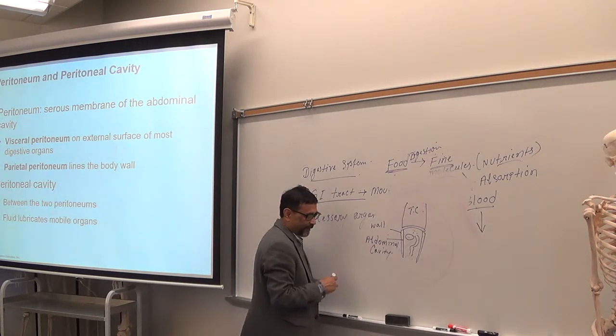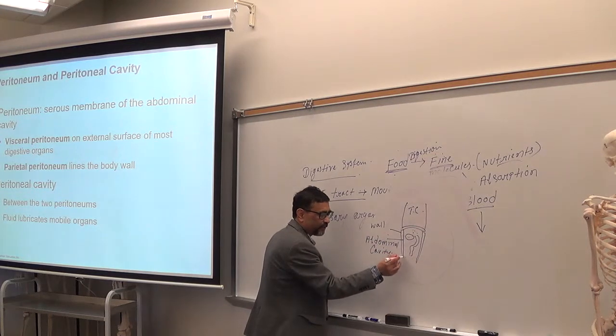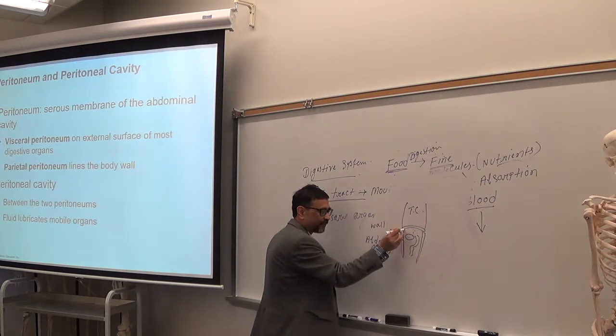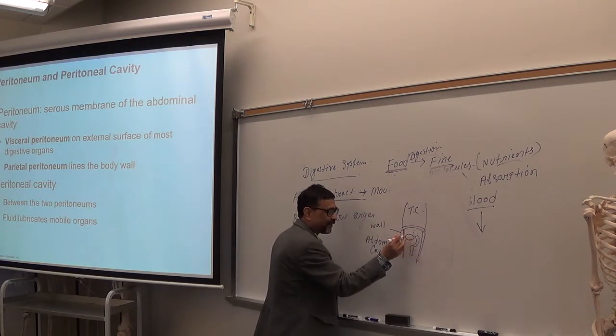So, a layer of serous membrane is attached to the inner surface of the abdominal wall, like this. You see here, attached to the inner side of the abdominal wall. And then it moves inwards like this and covers the abdominal organs.